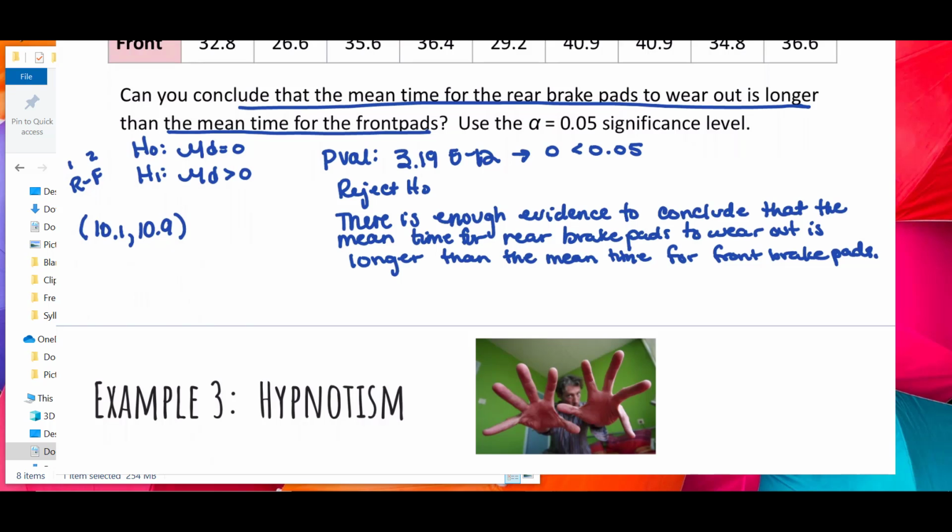Worry about the signs. So it is positive. Positive implies that it is greater. That is what we're saying here, that it's longer, which would be greater. So this agrees.